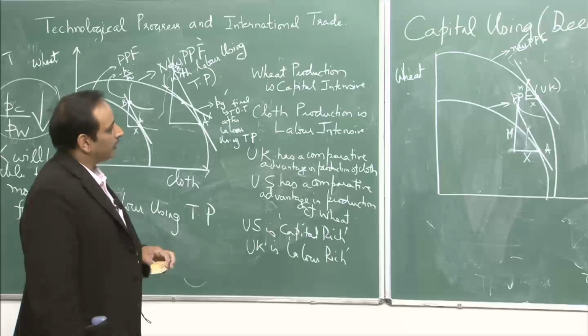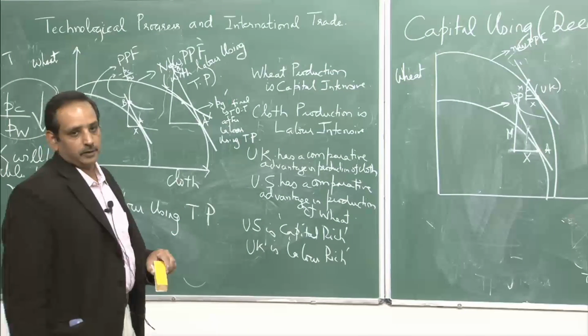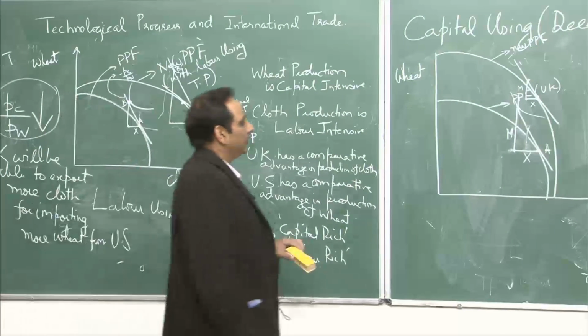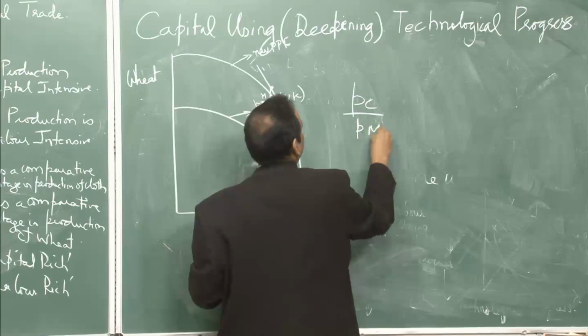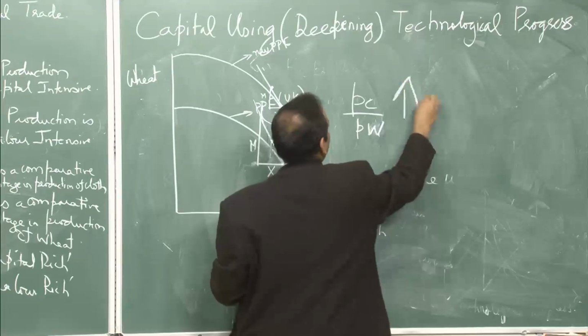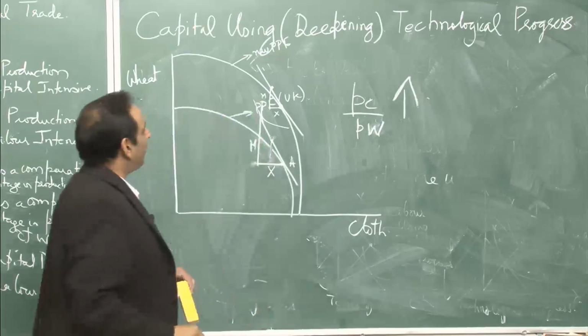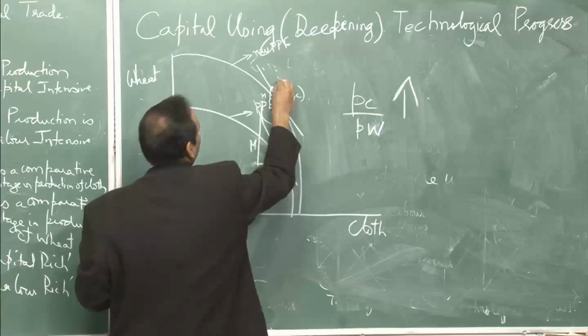You are exporting less of cloth, importing less of wheat. Now, this is only possible if the terms of trade goes up.